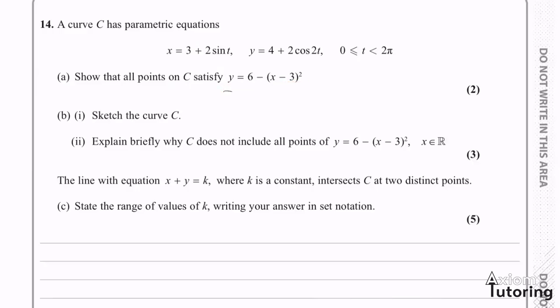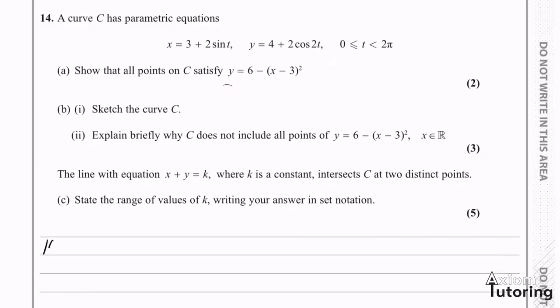The easiest way to do that would be to substitute these expressions into this equation, and for us to show that the left-hand side is equal to the right-hand side. So let's do that. 14a.